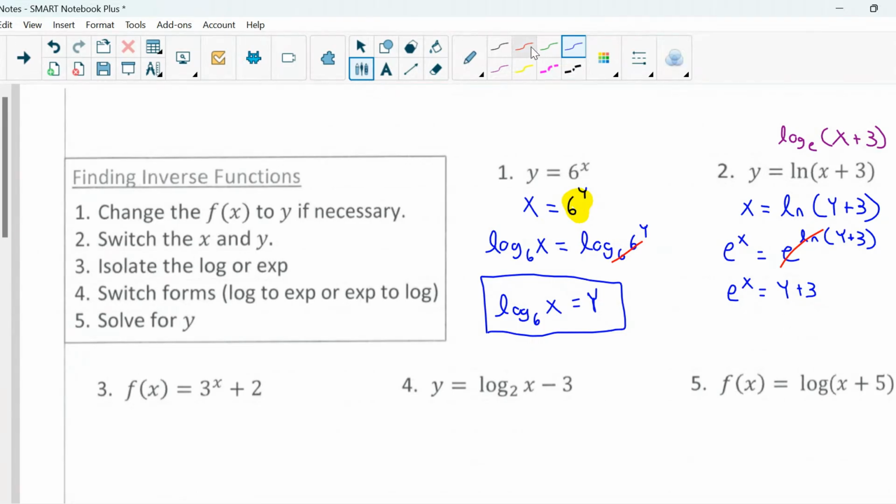Now, this is super simple. If I want to solve for y, I'm just going to subtract 3 from both sides, leaving me with e to the x minus 3 equals y, which is my inverse.